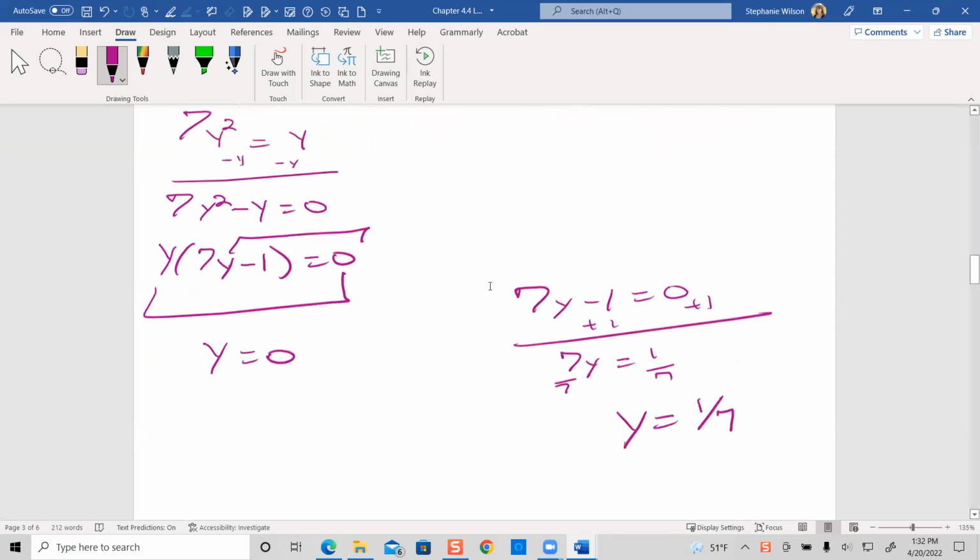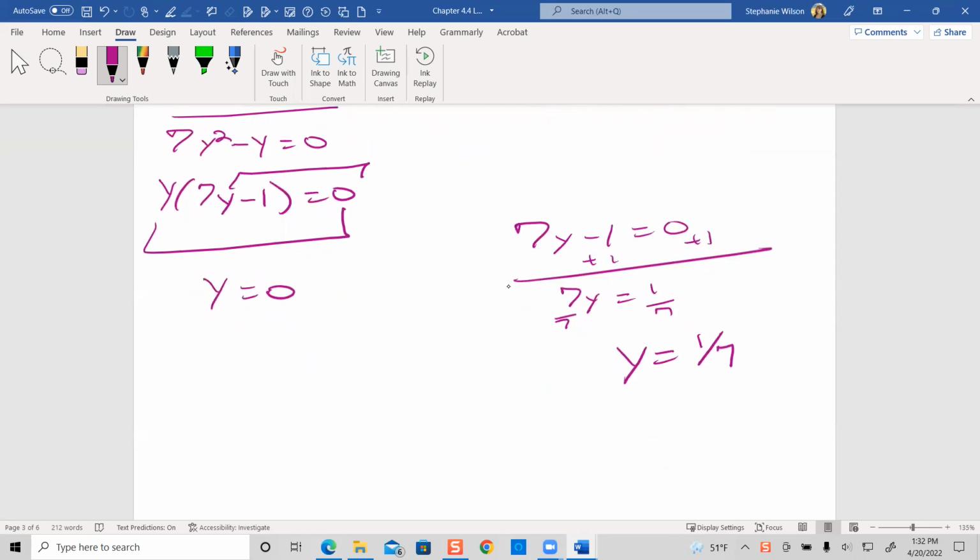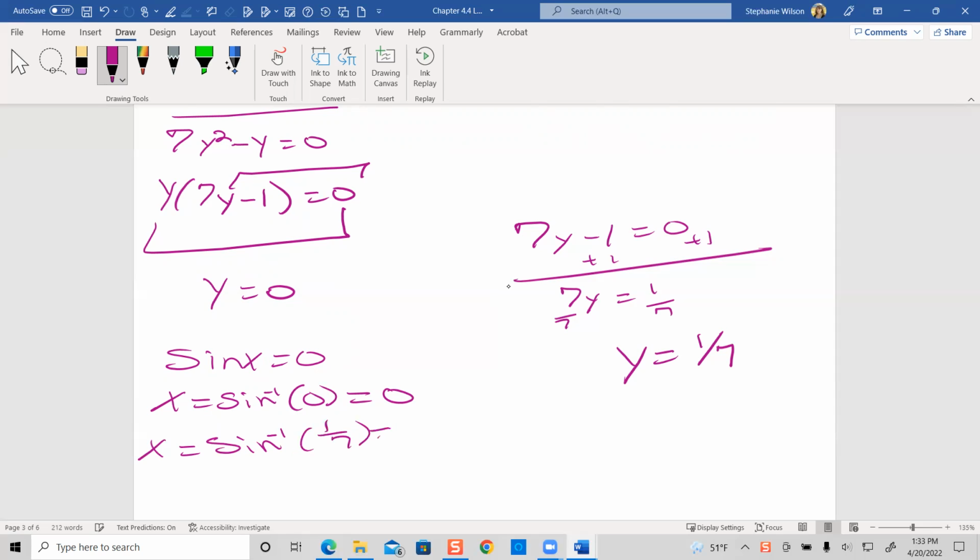All right. So what do I know? When I take the sine inverse of 0, and I plug in 0 here, I get 0. When I take the sine inverse of 1/7, we get 0.1.